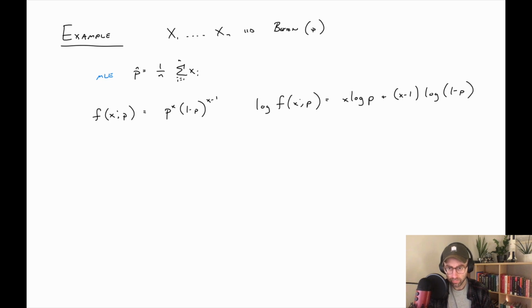So what I ultimately want to do is derive an approximate 95% confidence interval for p. So let's do that.